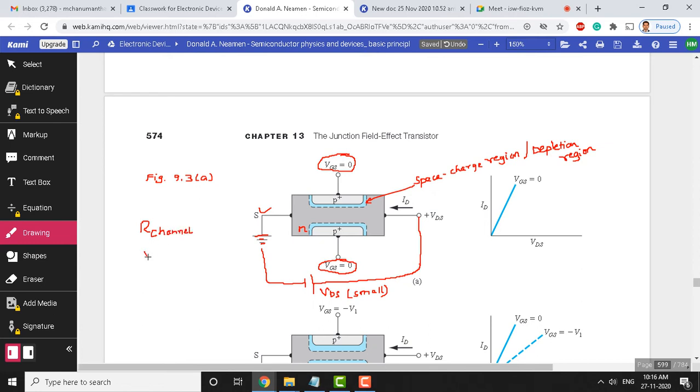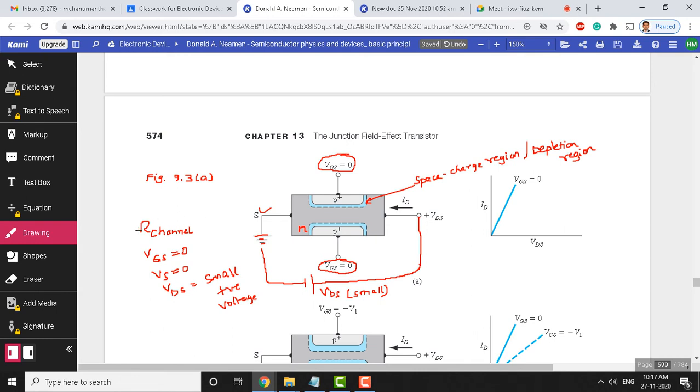The condition is VGS is 0, source is at ground, VDS is a small positive voltage. Does this channel resistance increase or decrease for this case? Any idea? And what will happen to my drain current here?